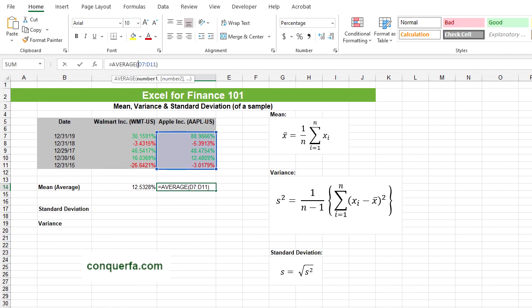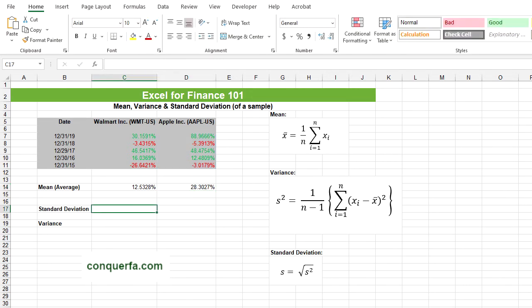Because we've moved it over one column to the right, Excel's quite intelligent and is going to realize that we want to calculate the average of the Apple data and fill it all in for us, which is really handy if you're working with large spreadsheets.